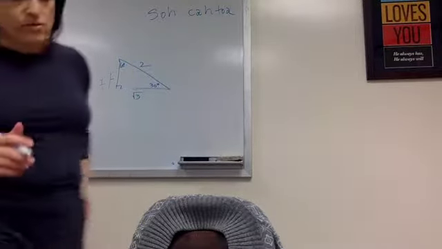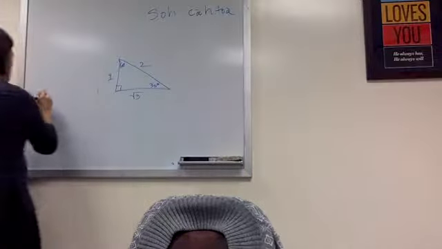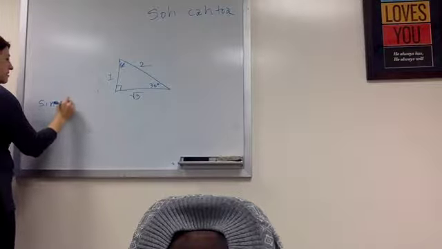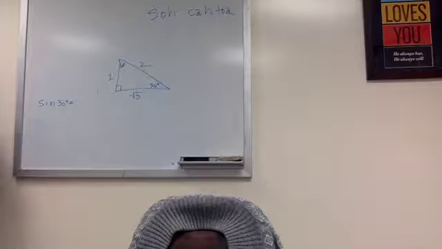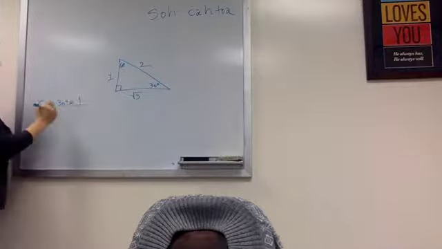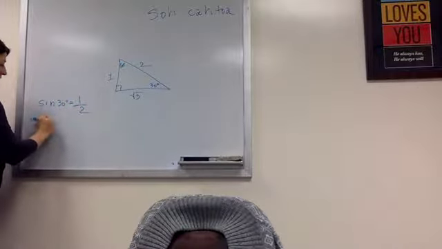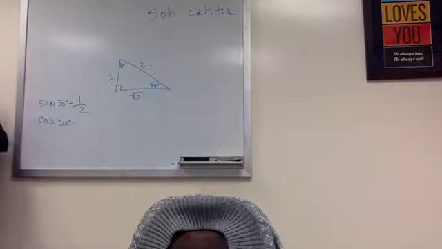All right, so let's start by taking the sine, the cosine, and the tangent of that 30-degree angle. Sine of 30 degrees equals what? Nellie? One over the hypotenuse, 2. All right. Cosine of 30 degrees, Abby, equals what?